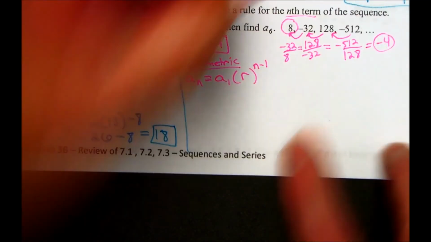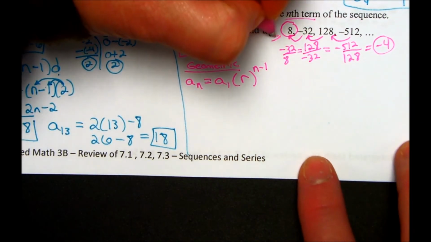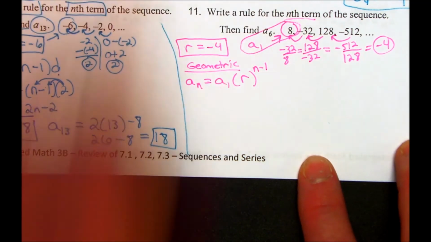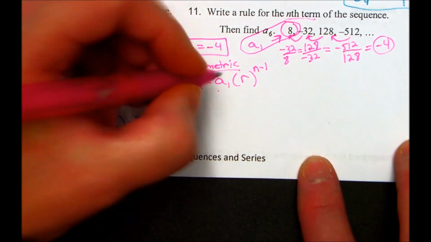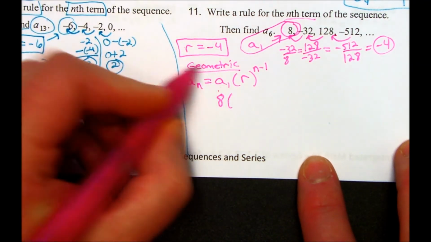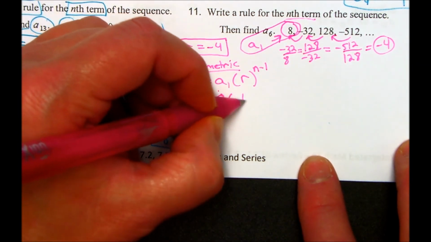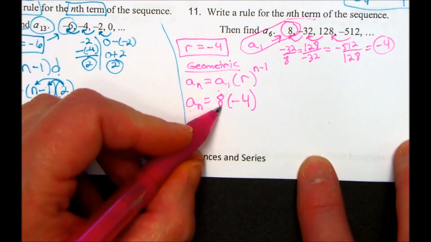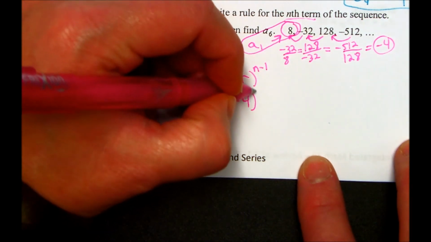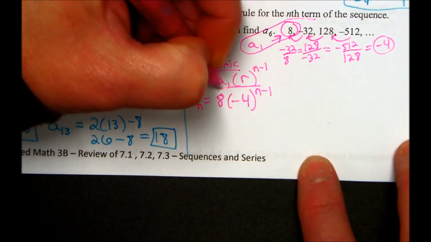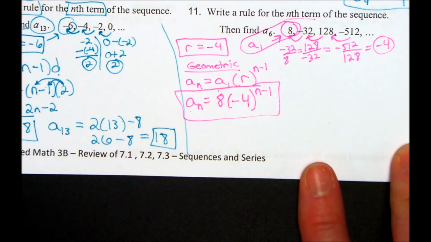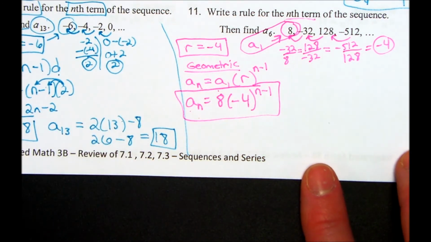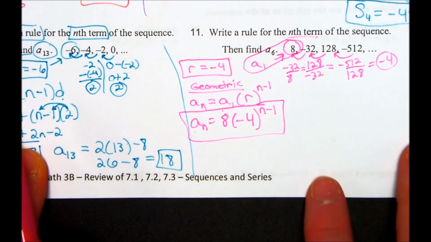Just like in the last problem, if you're given the list, the first term in your list is a sub 1. So that 8 is going to go in the place of a sub 1. The ratio, which we just found, is negative 4. So our rule, a sub n equals 8 times negative 4 to the n minus 1 power. So that one's not too hard to write since we don't have to simplify anything. We just plug in the a sub 1 and the r.